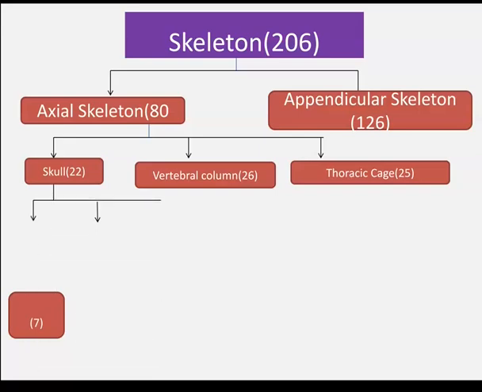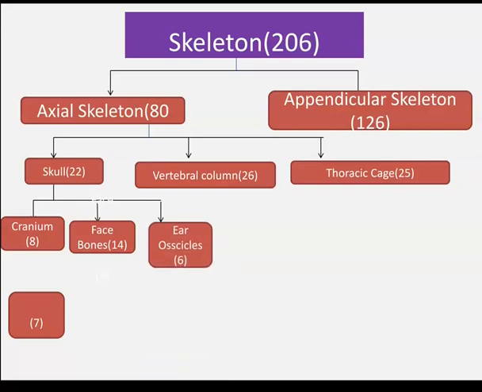Skull is again divided into three parts, that is cranium having 8 bones, face bones having 14 bones and ear ossicles having 6 bones. There is also a hyoid bone which is 1 in number.